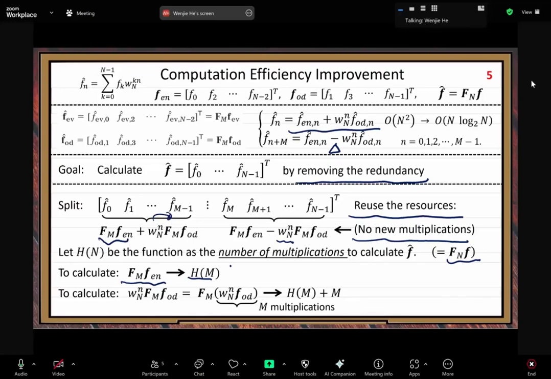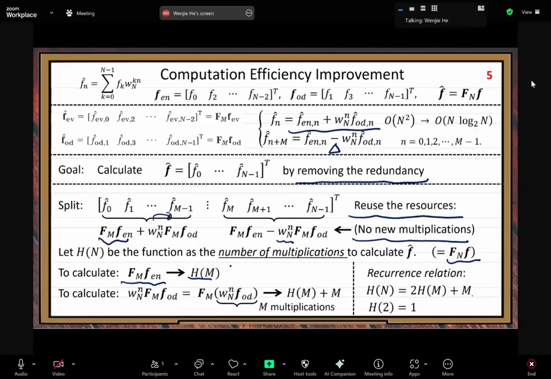That's capital H of m plus m. That means we have a recurrence relation: capital H of n equals 2 times capital H of m plus m. That's our recurrence relation.